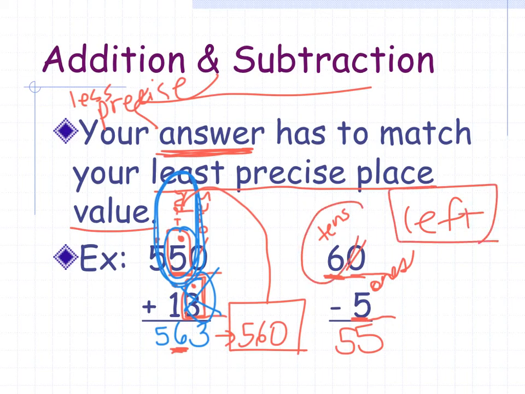The tens is to the left more than the ones. So because of that, I have to round my 55 to the nearest tens. When you round 55 to the closest 10, you get 60.